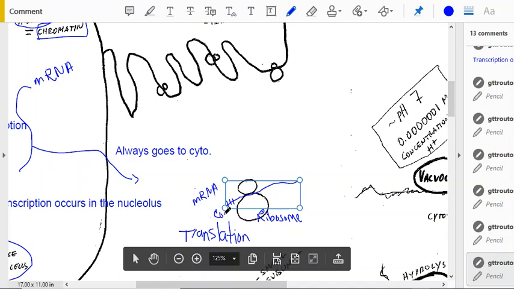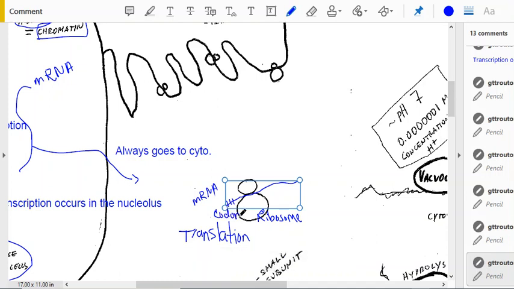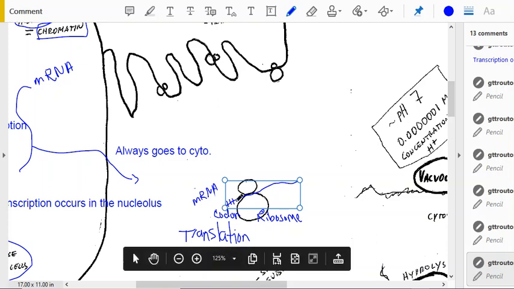Those 3 bases are called a codon. You may or may not remember that from 9th grade, but that's what they're called. The mRNA strand is read in sets of 3 bases. So I'm just drawing these sets of 3 to show you that there are many, many codons on any particular mRNA strand.